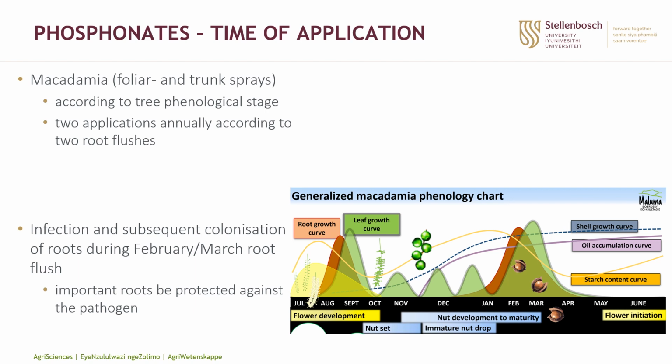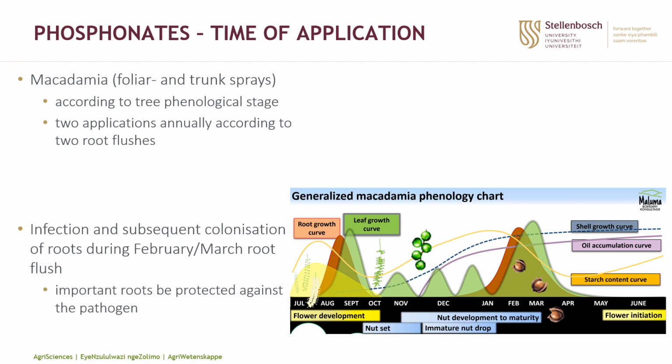We have had a research project investigating when infections of Phytophthora take place on macadamia, during the August and September or the February and March root flush. The data showed that infections occur during both root flush periods.